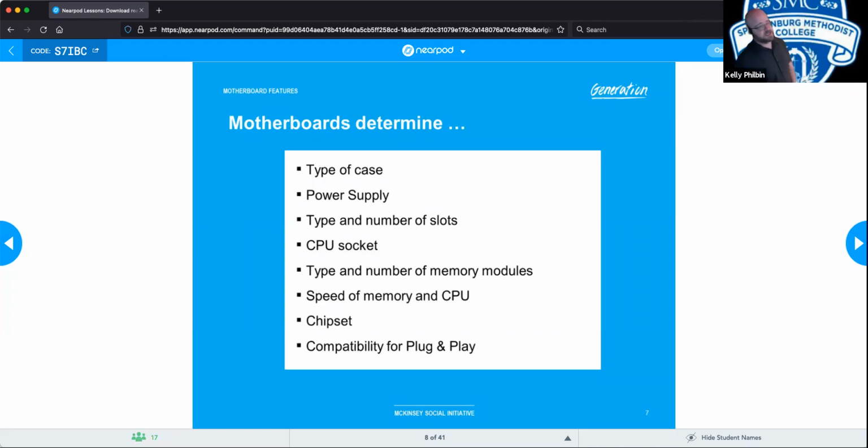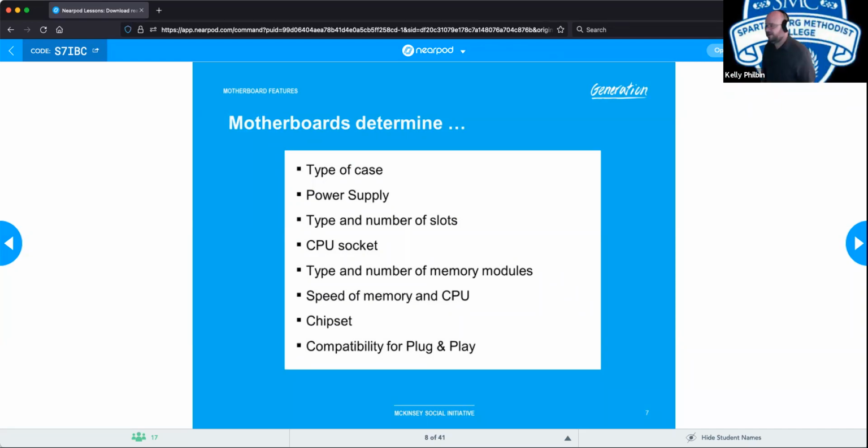And like we were saying yesterday, your computer will only operate as fast as its slowest component. So wherever that bottleneck is, if it can only operate at 500 megabits per second and everything else is trying to operate at 1 gigabit per second, they're not going to be able to do it. They're going to be dragged down to that 500 megabits per second because of that bottleneck. So the motherboard is going to determine this to a large degree.